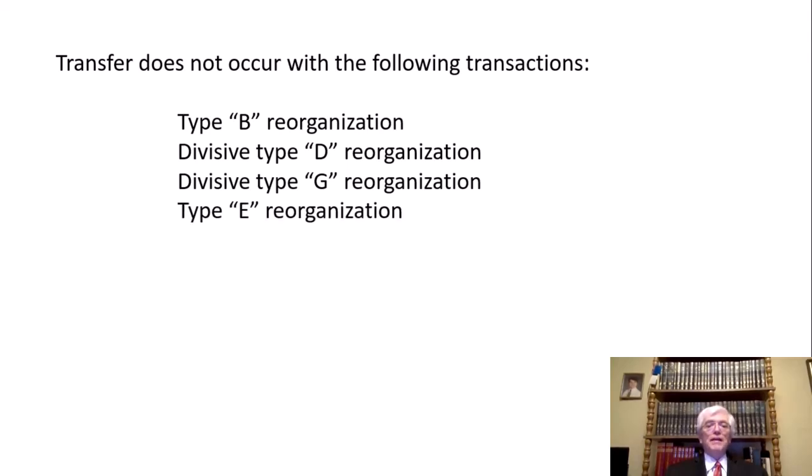So you don't. The type E, no transfer there because there's no change in the corporate identity. It's one corporation at the beginning and the end of the type E reorganization. Also, a partial liquidation. There's no transfer of attributes with a partial liquidation because the surviving corporation is still there.